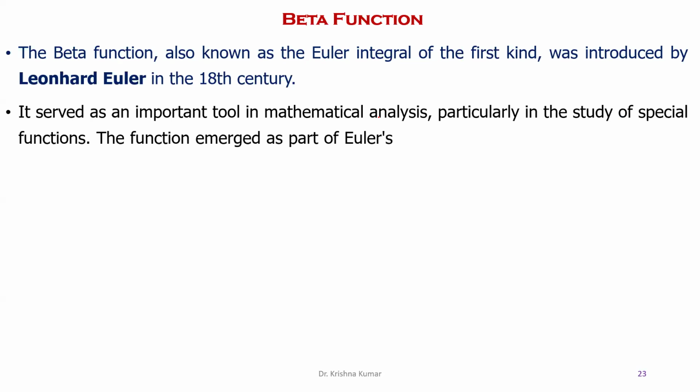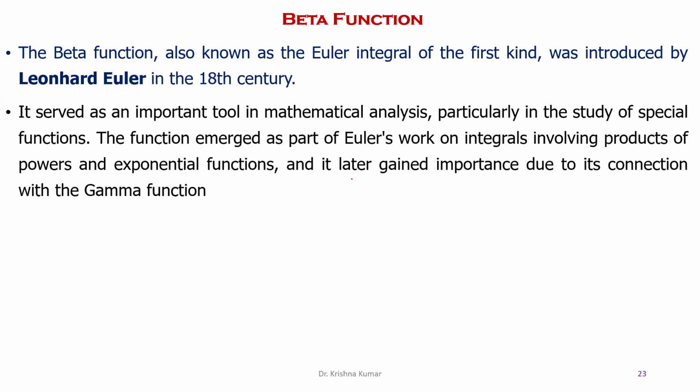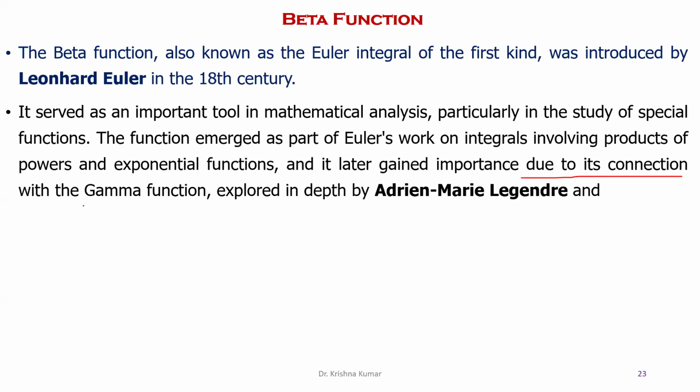The function emerged as a part of Euler's work on integrals involving products of powers and exponential functions, and it later gained importance due to its connection with the gamma function, explored in depth by Adrien-Marie Legendre and others.